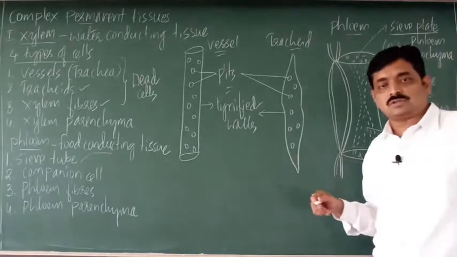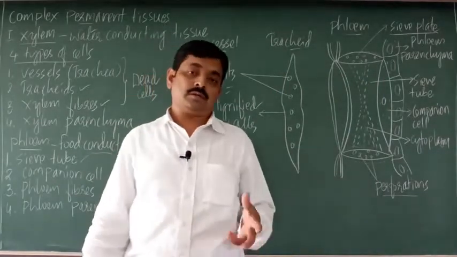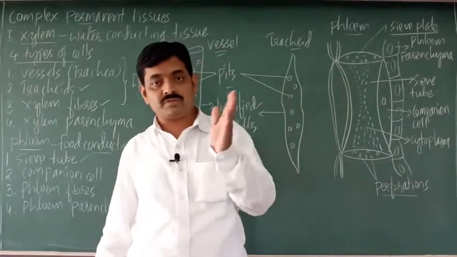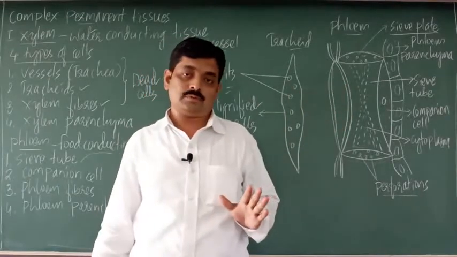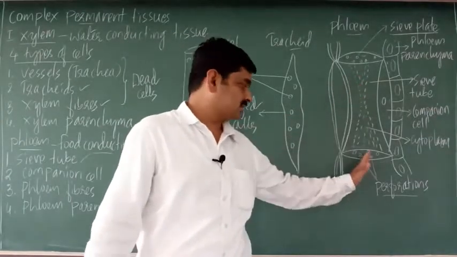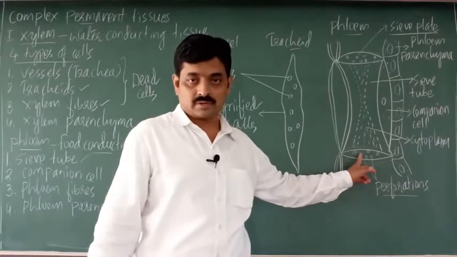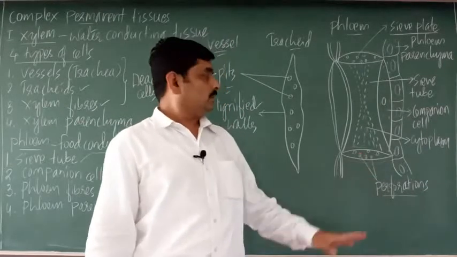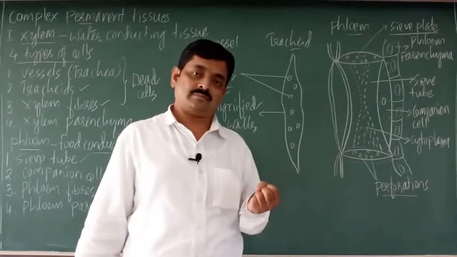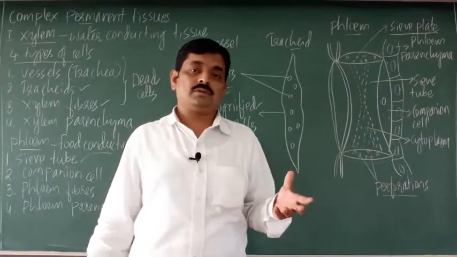So perforations present on the sieve plate help to link one sieve tube with another sieve tube, right? So in this way, food from this sieve tube enters the next sieve tube through sieve plate, which is having perforations. Sieve tube has a cytoplasm, but nucleus is absent. There is no nucleus here, right?